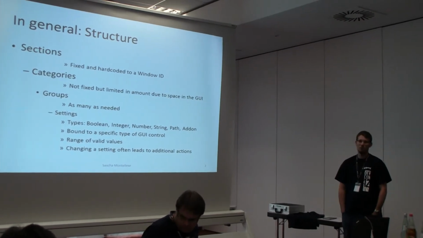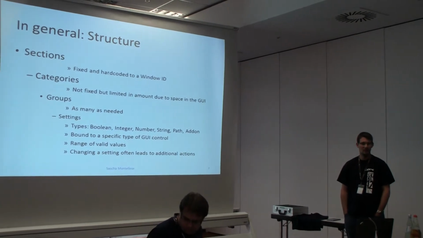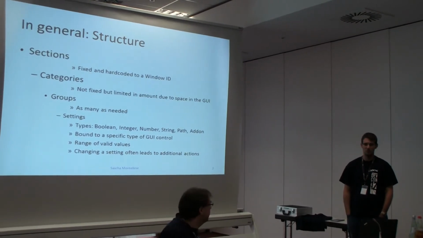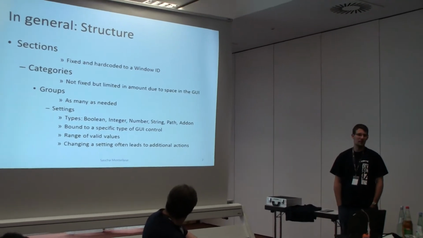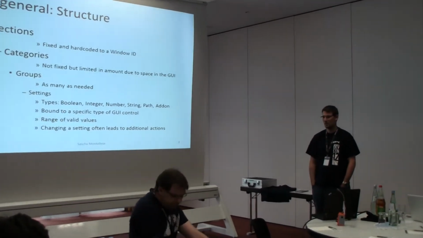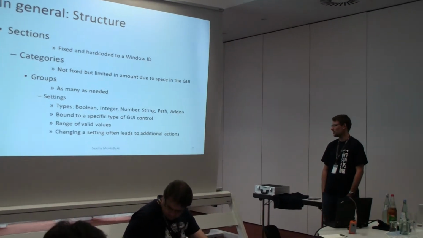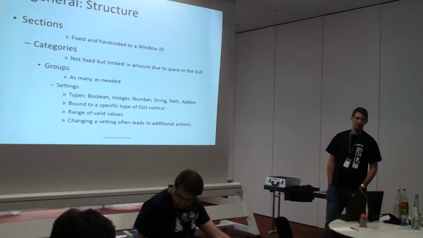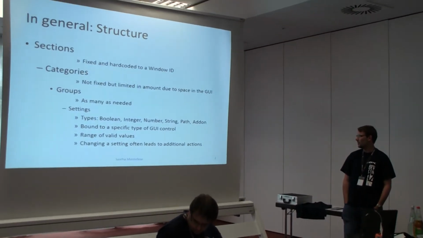They're all bound to a specific control type in the UI. You get a list, you get a spinner, you get a text input. You need range values. Some values only have a valid range like 1 to 100, or you choose from resolutions like 480p, 720p, like this.